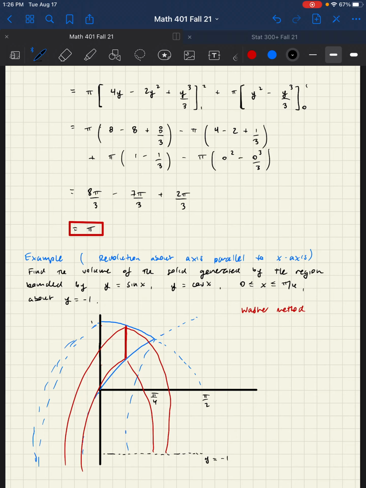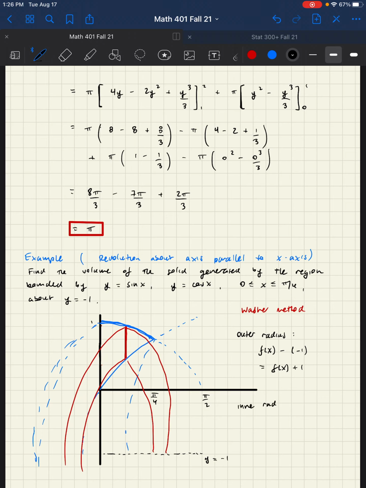For rotating about this line, y equals negative 1, to figure out the inner radius and the outer radius: for the outer radius, we're looking at the distance between the upper curve and the line y equals negative 1. So that's going to be f of x minus negative 1, which is f of x plus 1.